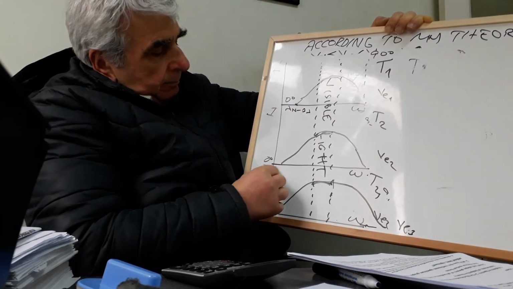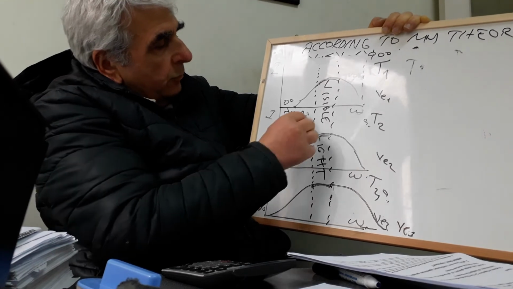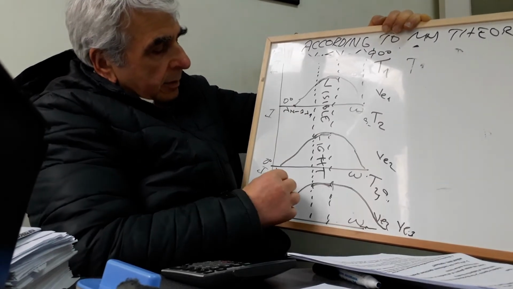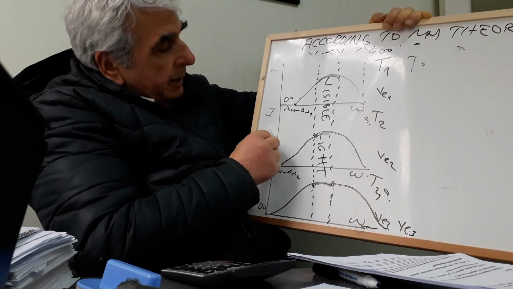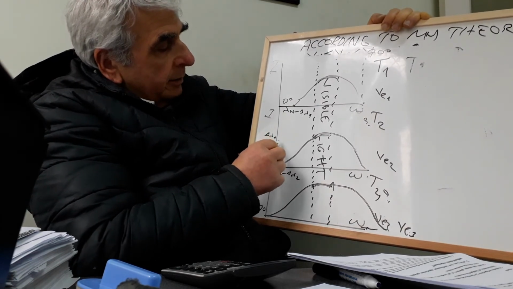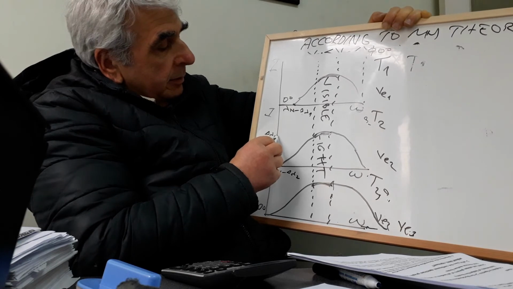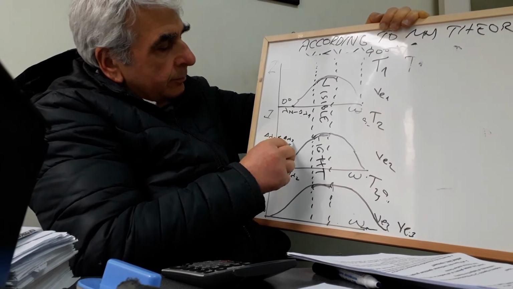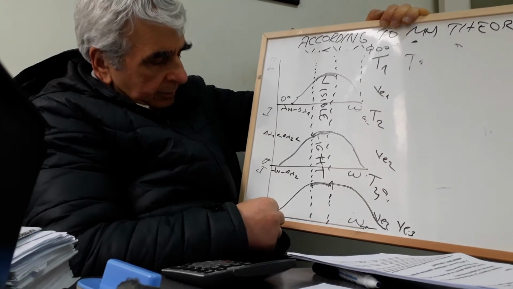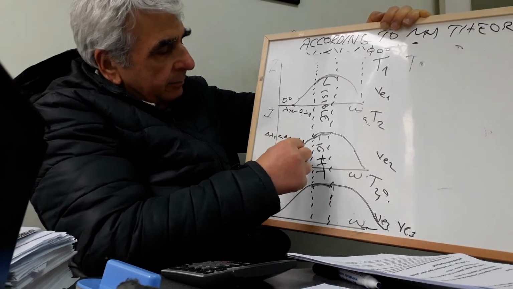Delta lambda 1, delta lambda 2. Delta lambda 1 smaller than delta lambda 2, smaller than delta lambda 3.